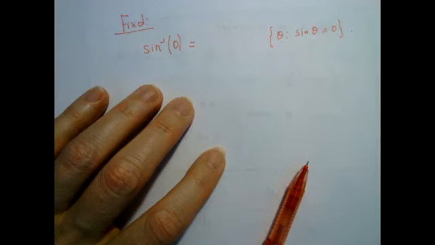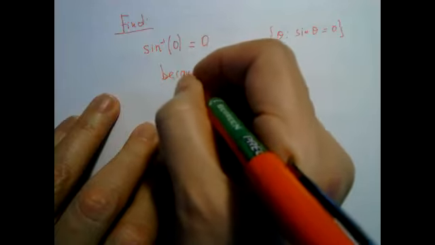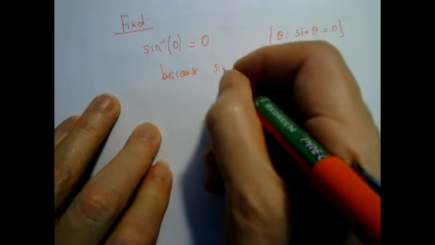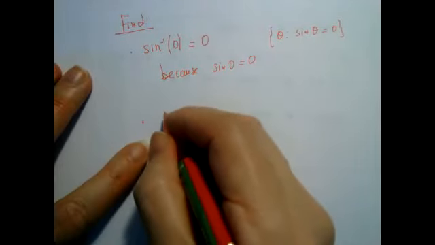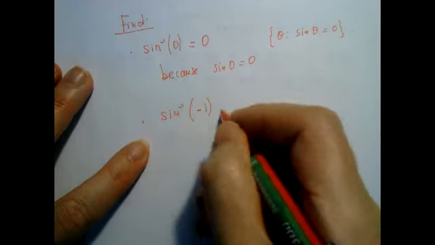What's the angle whose sine is 0? That's equal to 0, because sine 0 is 0.